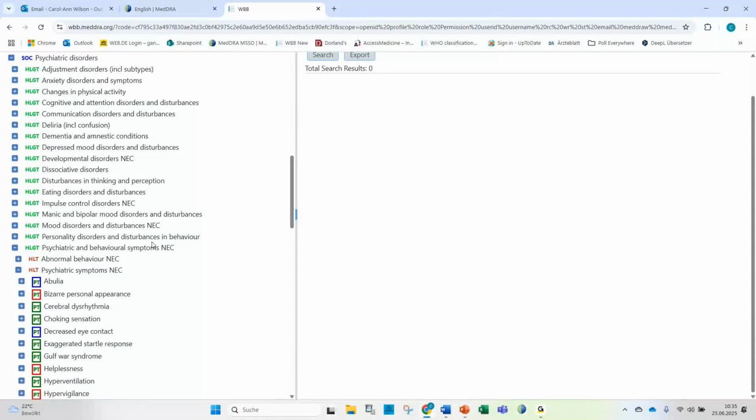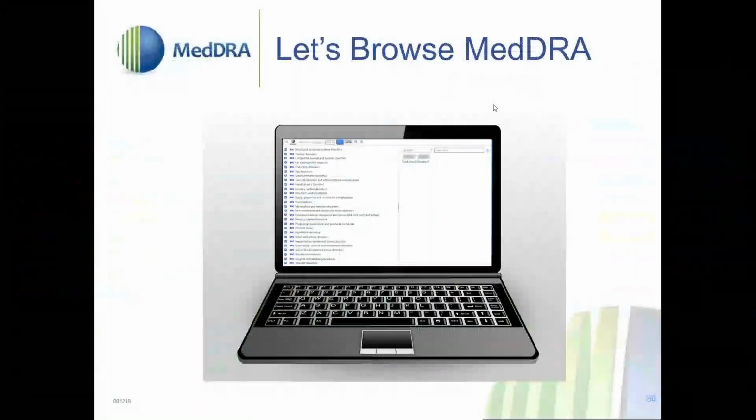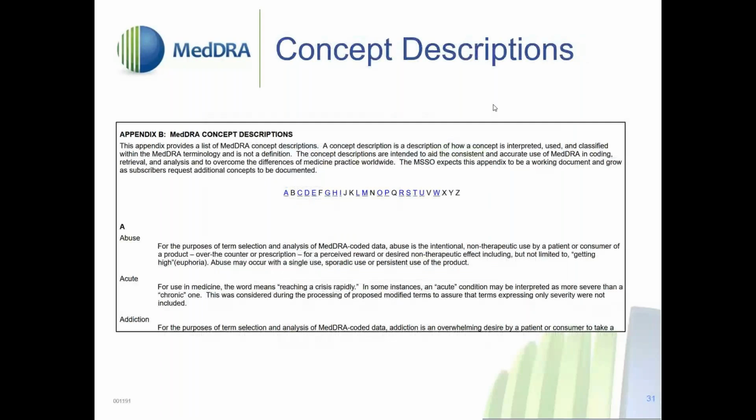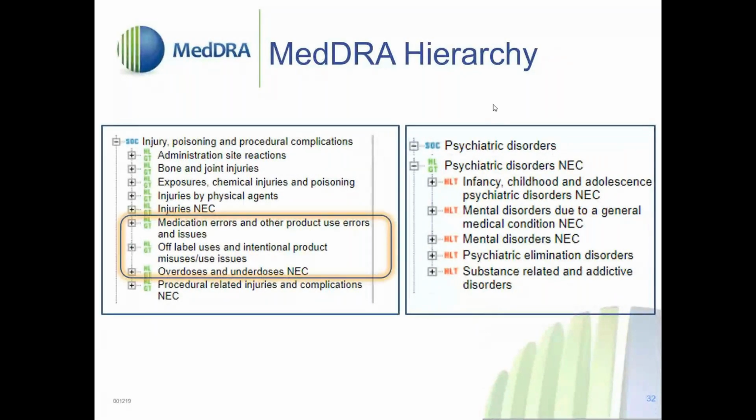With this, let me switch back to my slides. Here again, a reminder of what we have just seen in the browser, the MedDRA concept descriptions, and the hierarchy of the relevant terms here in the injury SOC and in psychiatric disorders.